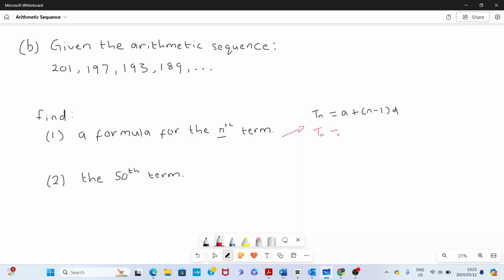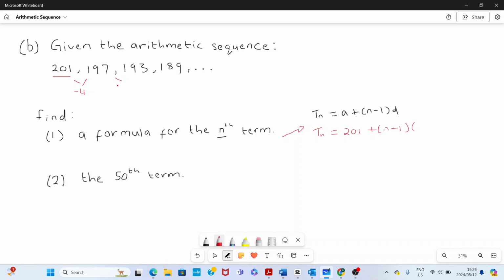Tn equal to, what is our A? You notice our A is 201 in this case. So this is 201 plus n minus 1 multiplied by the constant difference. What is the constant difference here? If we look at 197 minus 201, that should give us negative 4.